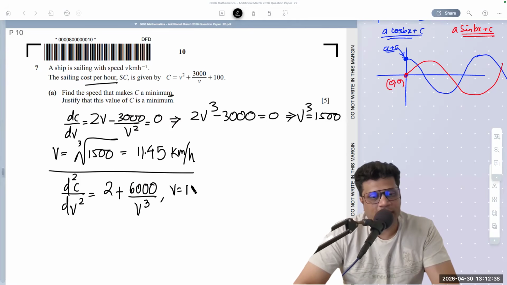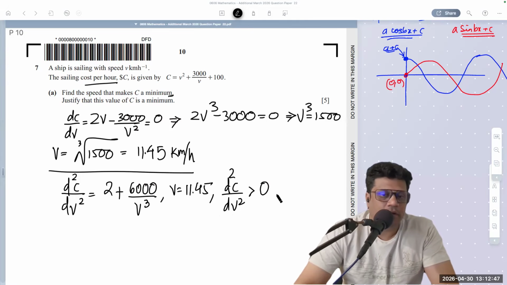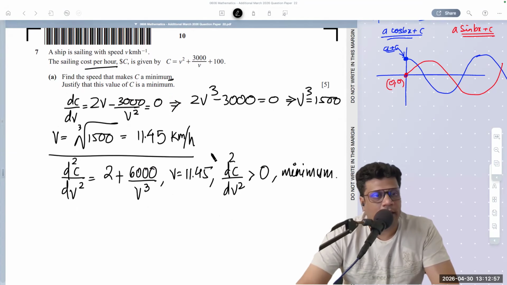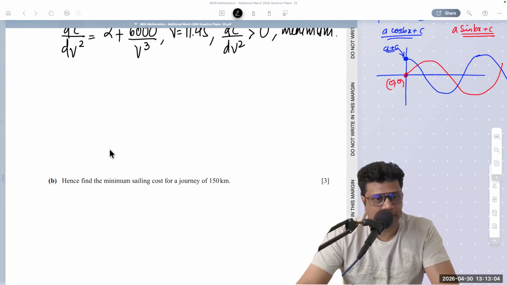For V being 11.45, the second derivative comes out to be positive. So it's a minima. That's your justification for it for 5 marks. Okay. And find the speed that makes C a minimum. Okay, fine. Let's go look at the next part.